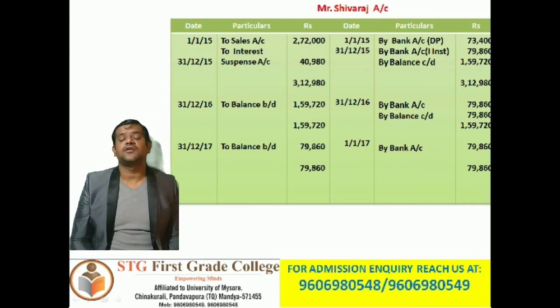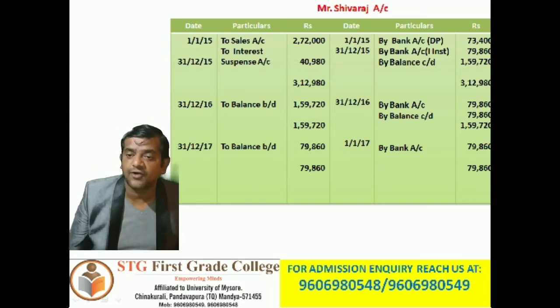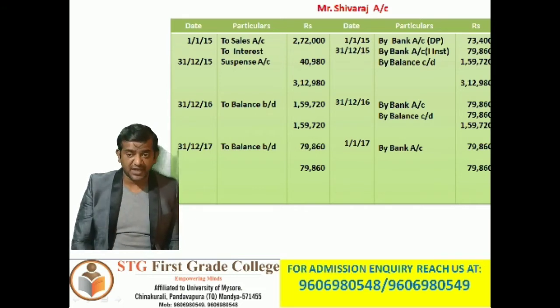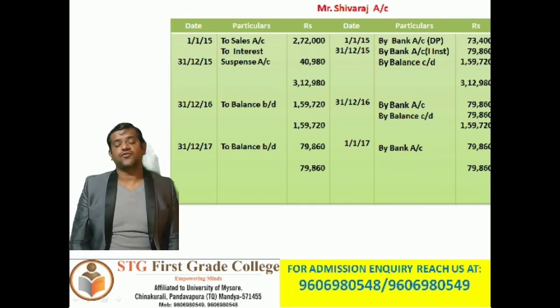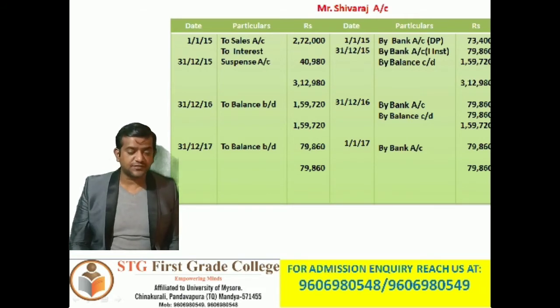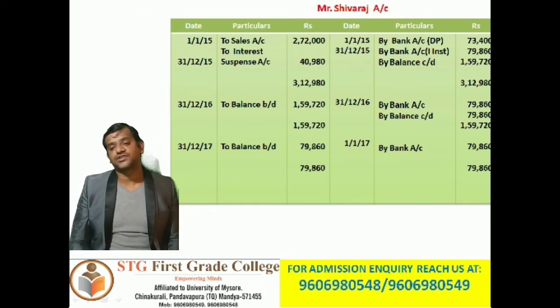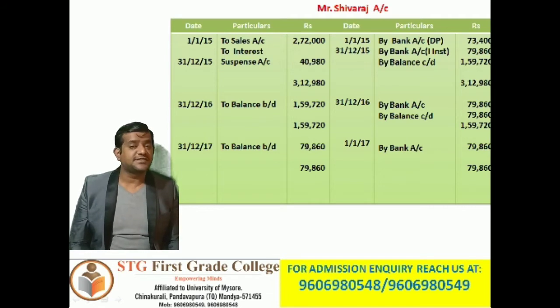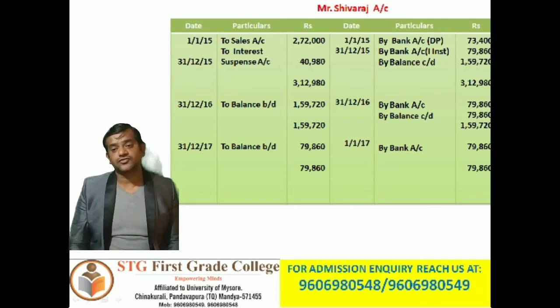So come back to the credit side. On 1/1/2015 by bank account. So how much down payment we have made? 73,400. Enter it directly. Then on 31st/12/2015 by bank account, that is first installment. How much? 79,860 rupees, which includes interest.